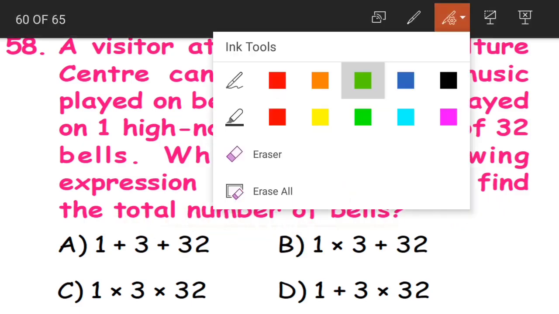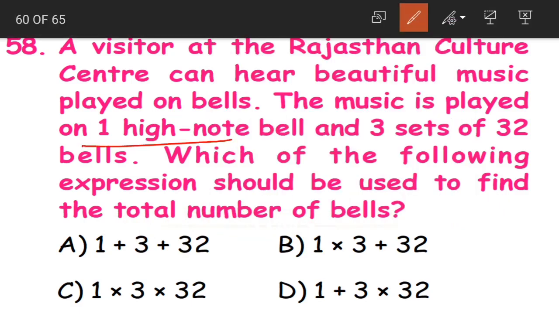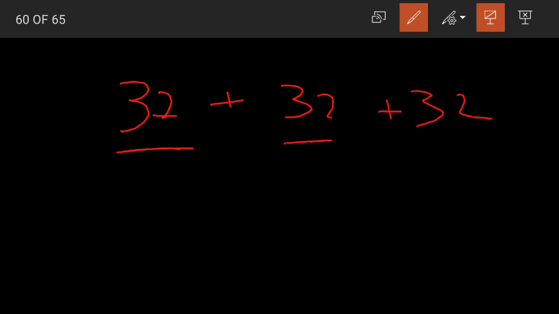Now what bells are there? One high note bell. So 1 plus, because we should add, right? Plus 3 sets of 32, which means 32 plus 32 plus 32. There are 3 sets: 32, 32, 32.